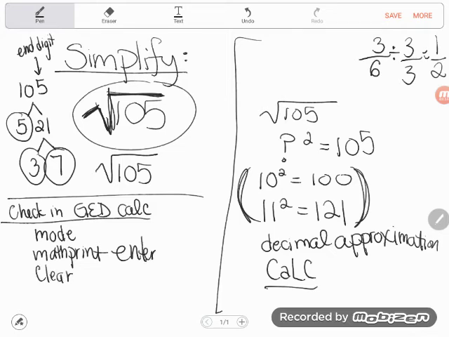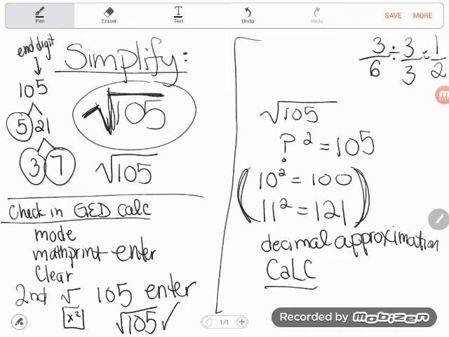Now I can check the square root of 105, and when I'm in math print mode, my calculator will simplify rather than giving me a decimal approximation. You press second, and the square root button is right above x squared, so you hit x squared, then type 105, and enter.